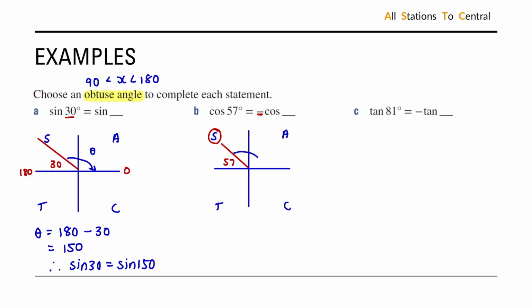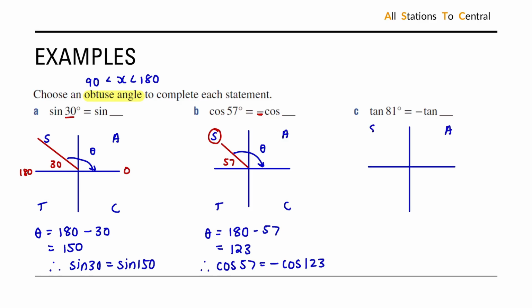Now I need to find the obtuse angle here. The way I would find that is 180 take away 57. So the angle will be 123 degrees. Therefore, cos 57 is equal to negative cos 123.